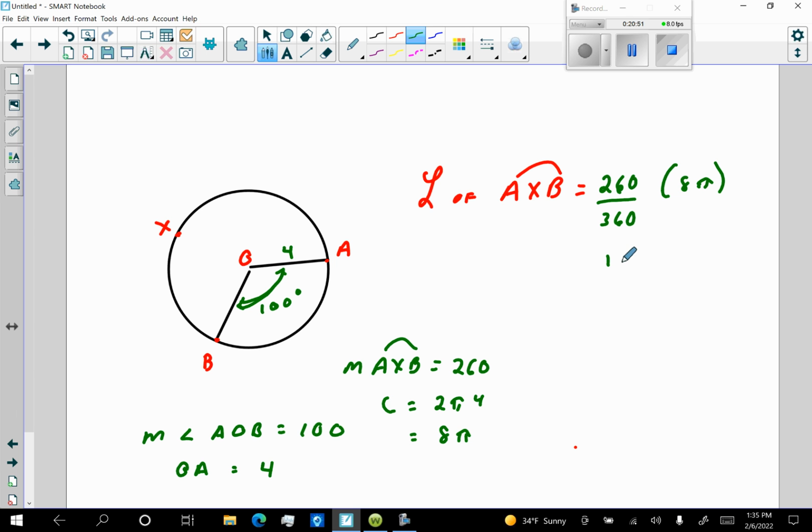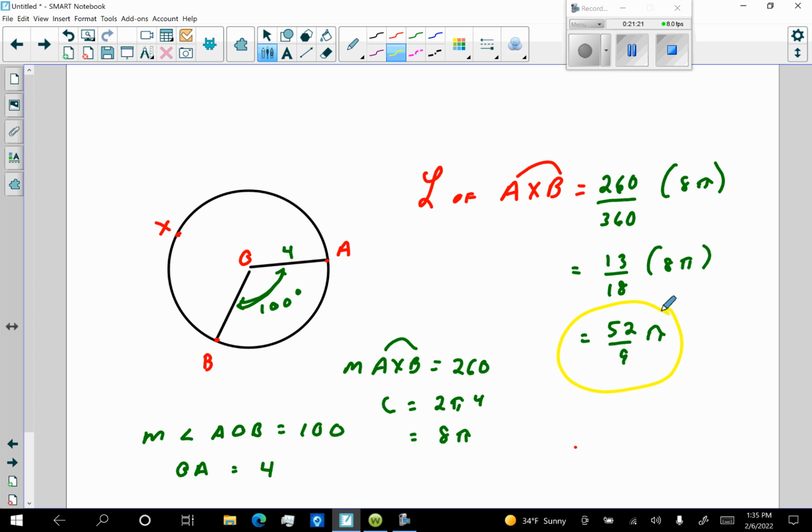So we have 13/18 times 8 pi. And what is that? This is going to be 52/9 pi. And we want our answers exact. We don't want to do an estimation. So that's the length of AXB.